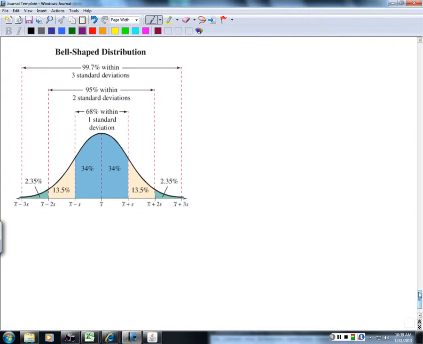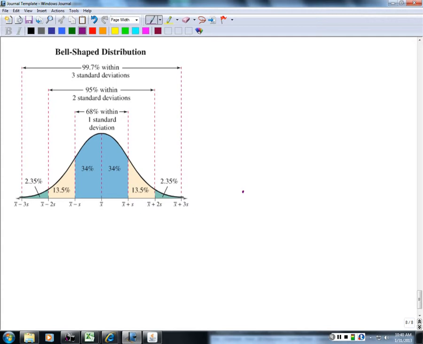You will notice right here in this bell-shaped distribution that 68% of your data will fall within 1 standard deviation of the mean. Within 2 standard deviations of the mean, you will have 95% of your data. And then within 3 standard deviations of the mean, you will have 99.7% of your data.